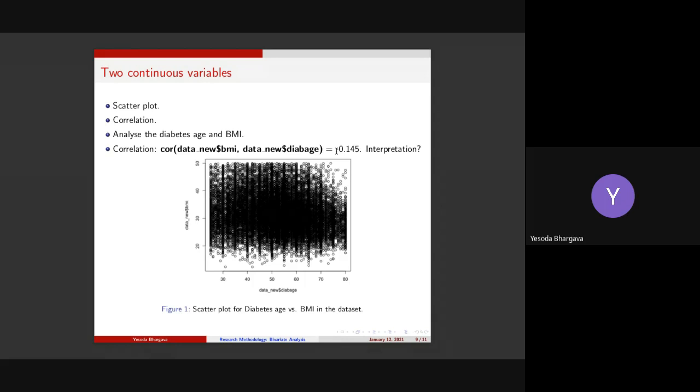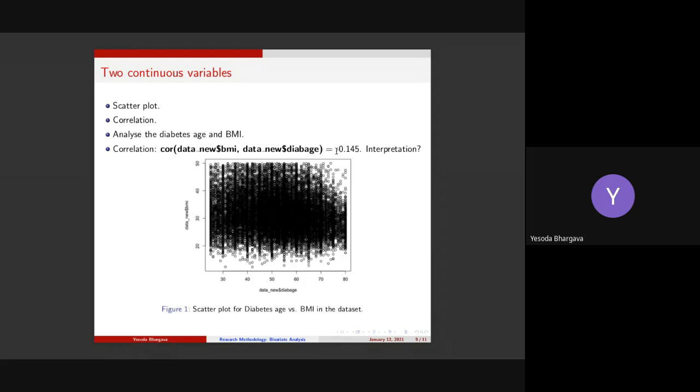Before you go on to analyze two variables of any type, two categorical variables, one categorical and one continuous, or both continuous, you must understand why analyzing them side by side is important. What kind of understanding will come through it?